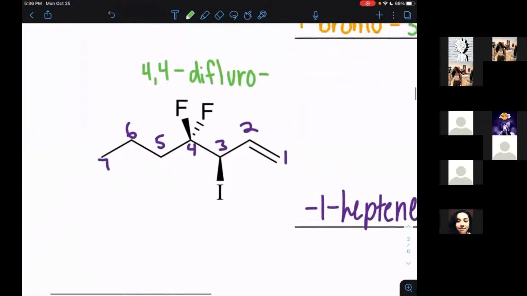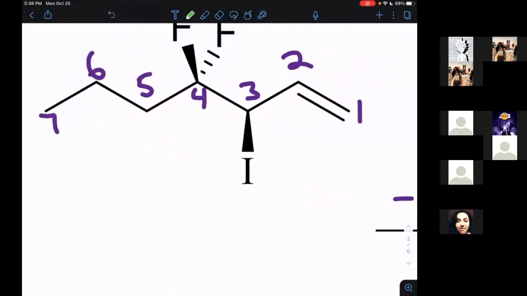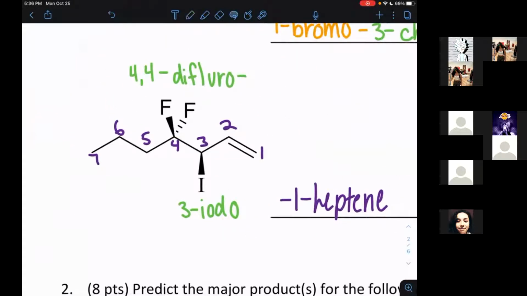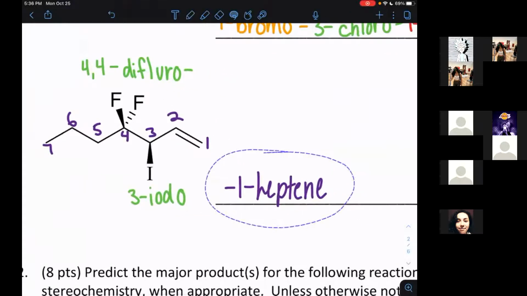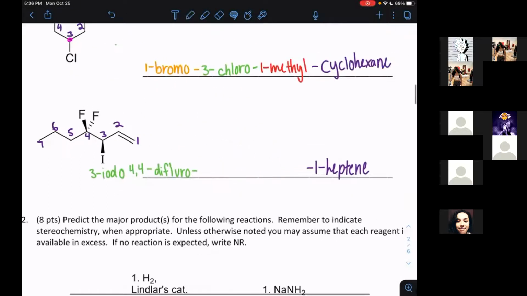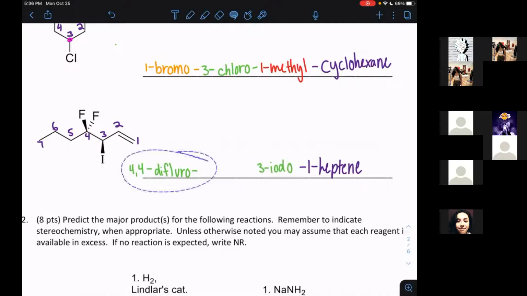So that one, and then this one's going to be 3 iodo. And then you'd put them in alphabetical order. And that's based off of the F and the I and not the di part of it. So this one will be first.